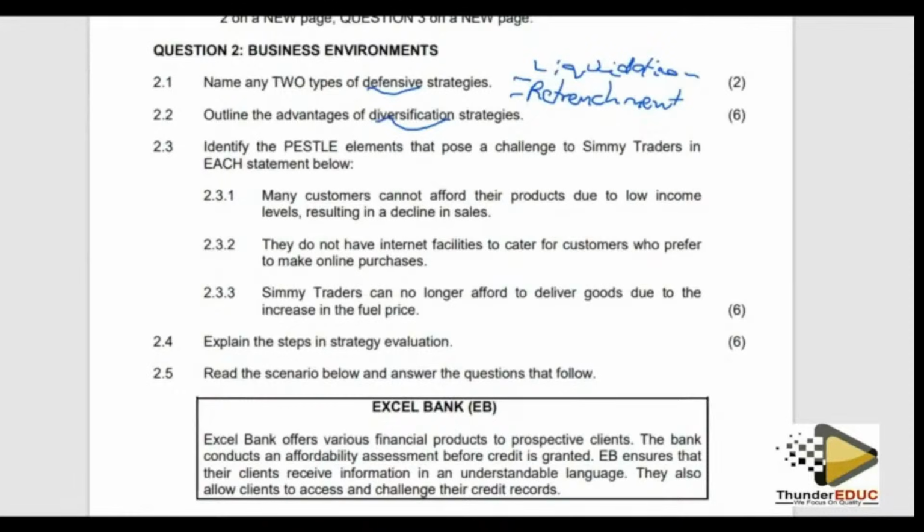So now the last one, we have environment. Also, where the business operates, it should make sure that it doesn't pollute the environment. They should try by all means to avoid polluting the environment, because the moment they pollute it, it is going to affect the place where they operate from.